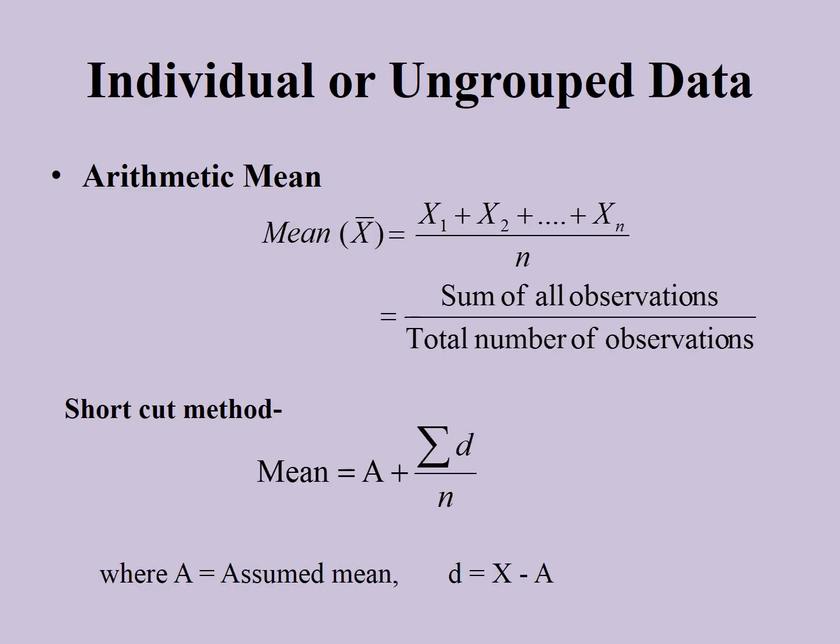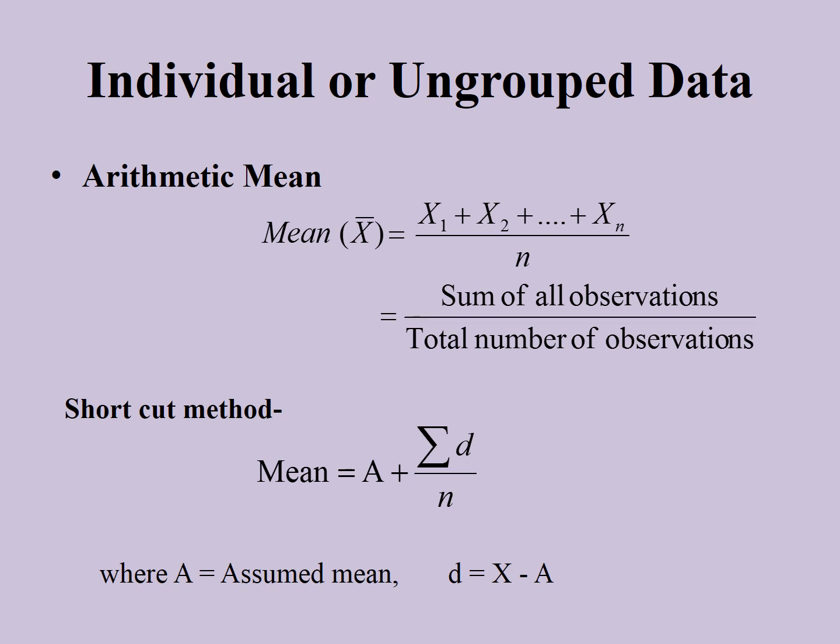On screen you can see various formulas, but before going into the details of these formulas, let's revise some of the terms. In the last lecture we saw grouped data and ungrouped data.